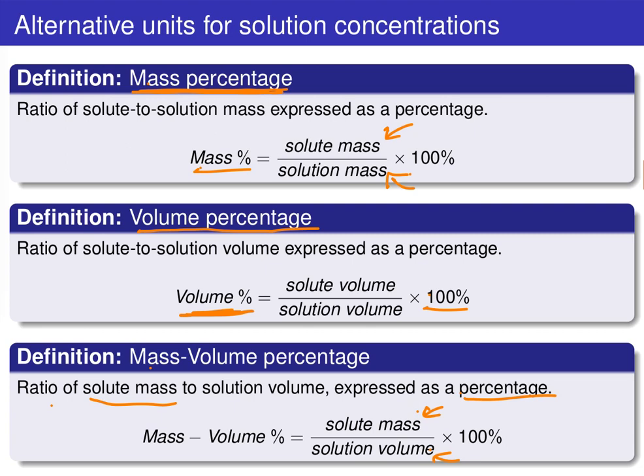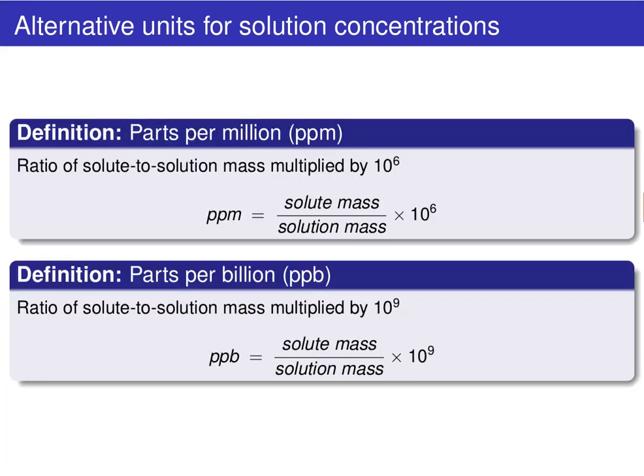You will commonly see these 3 alternate concentration units used when you're dealing with solutions that have a very high concentration. Our final 2 alternative concentration units that we'll be talking about today are used for expressing quantities that have a very small or very low concentration. We mentioned these in the introductory slide: parts per million and parts per billion.